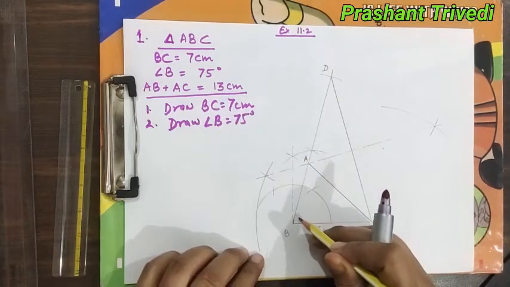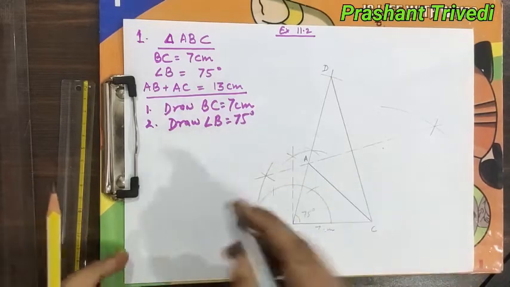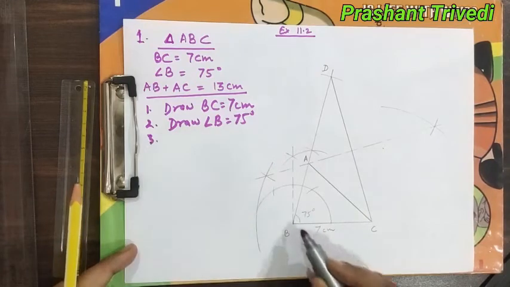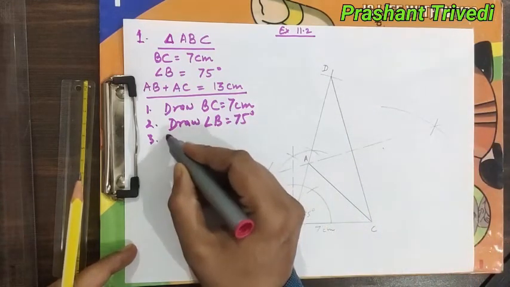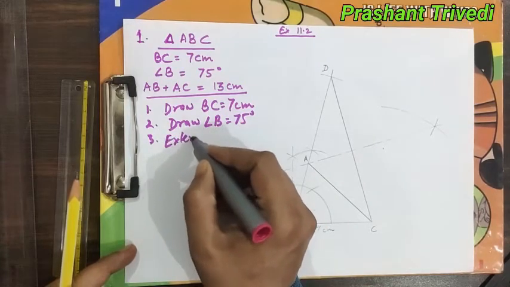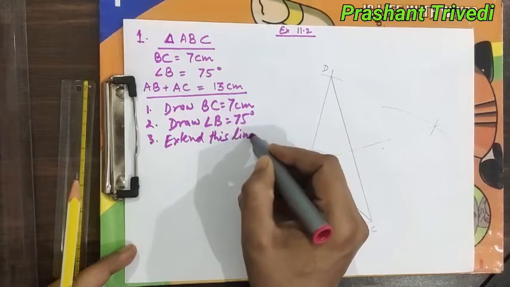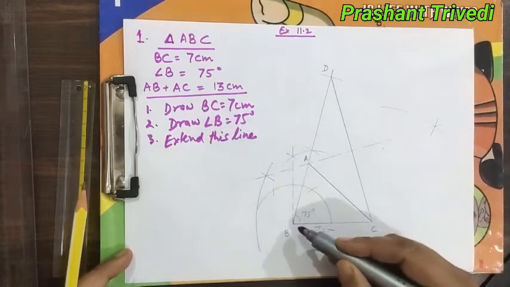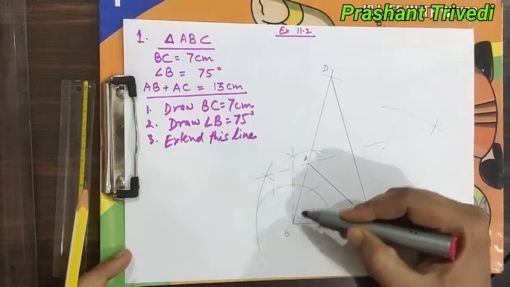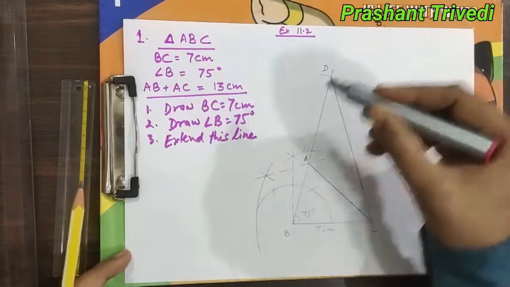This angle is 75 degree. Third step, extend this line. Which line? The line drawn in the second step, angle B 75 degree, that we have already drawn.